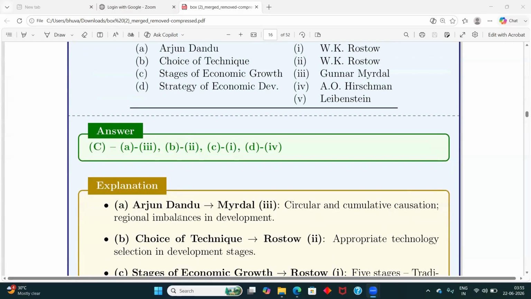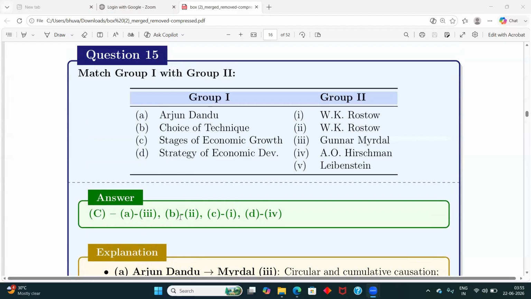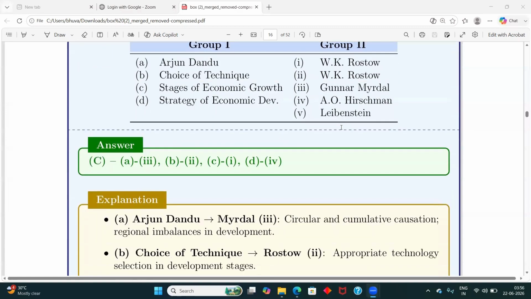Question number 15. Match group 1 with group 2. In group 1 we have been given Arjun Dhandu, choice of technique, stages of economic growth, and strategy of economic development. In group 2 we have been given the economists' names. So let's see.